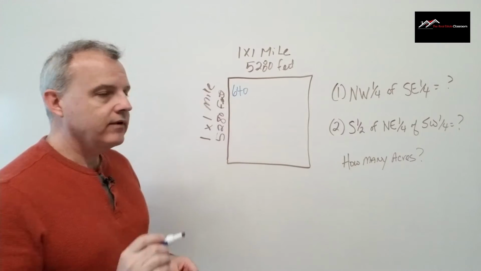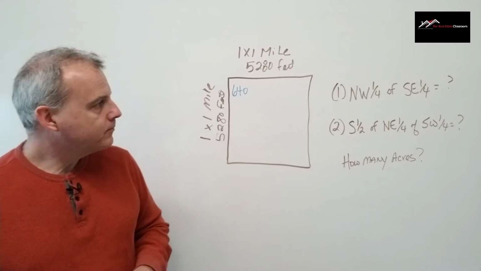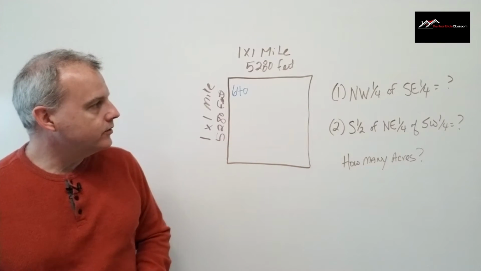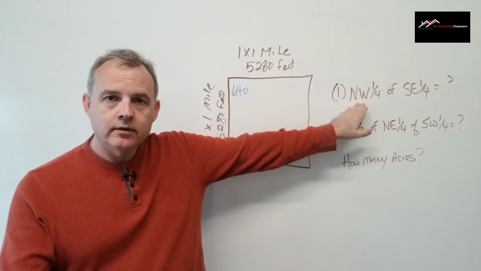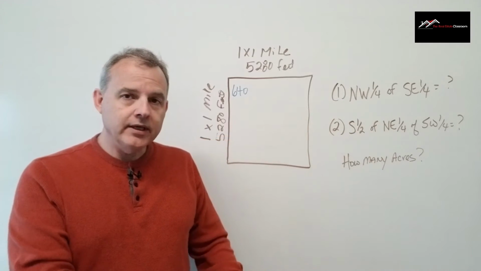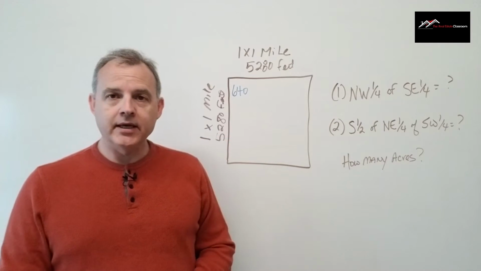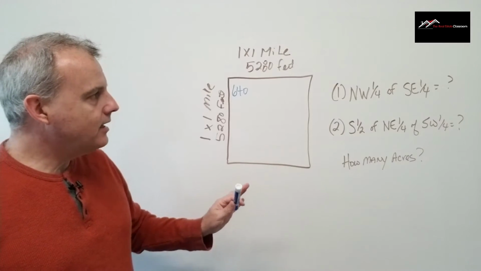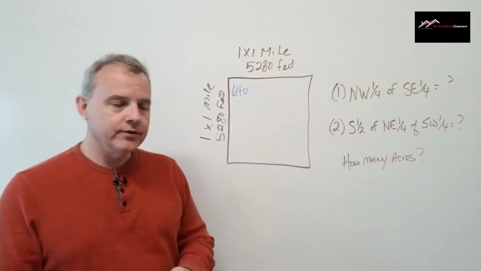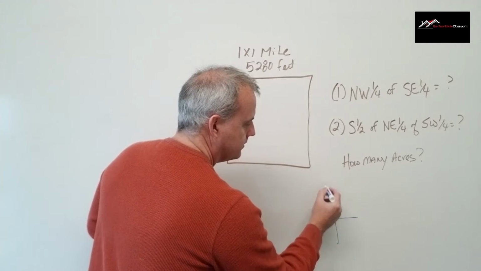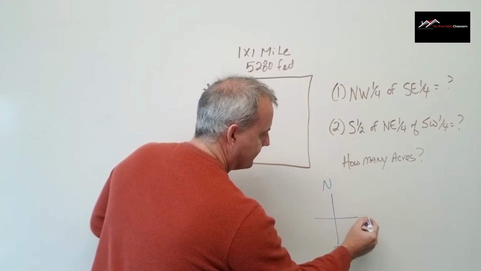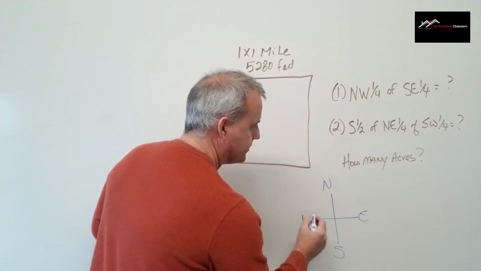640 acres. Very important. So here's a shortcut. I'm going to show you how to do these two. It says the northwest quarter of the southeast quarter has how many acres? Now, anytime you're dealing with this, we have to view this from a compass rule. We have north, south, east, and west.